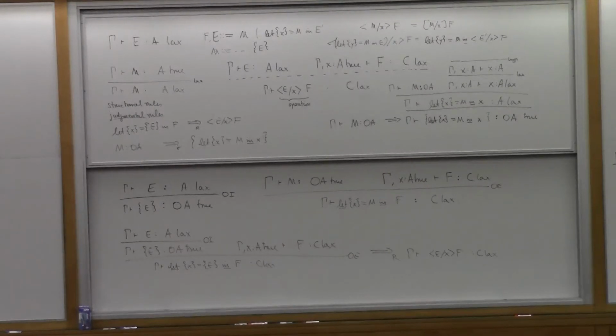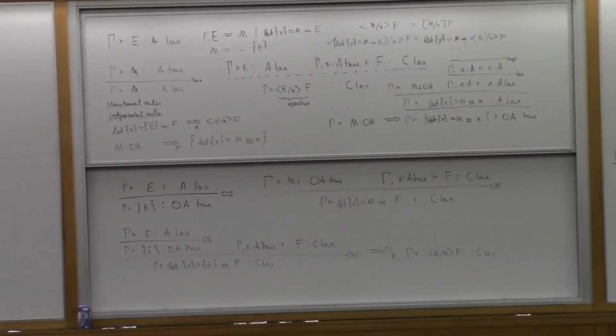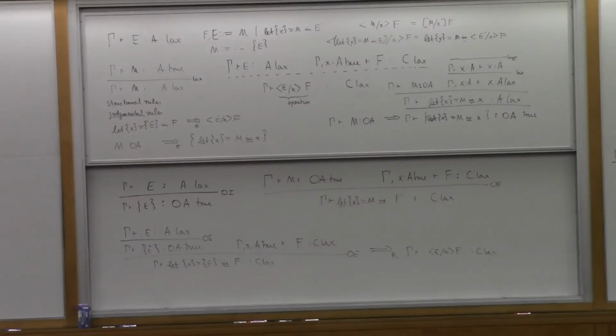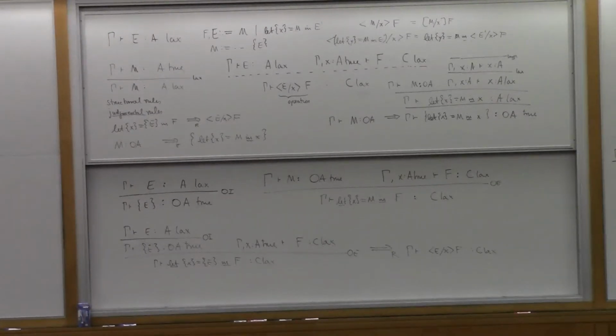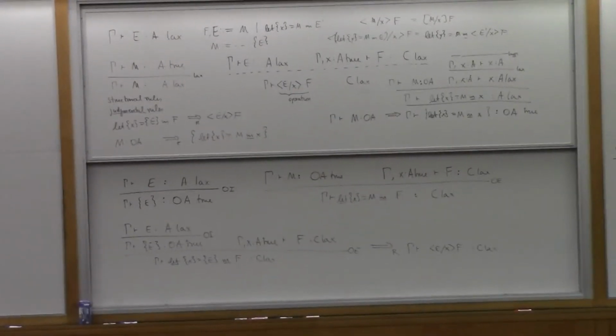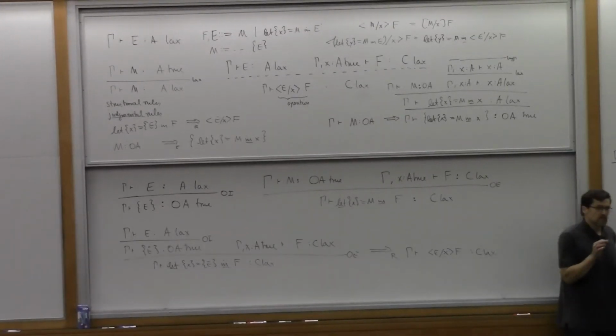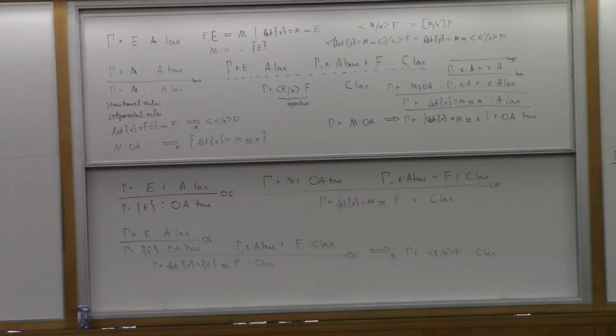Is there a reason why both lax as a judgment and circle A as a proposition? I'm not terribly familiar with this, but why do we do that? Okay, so you can try to define the monad directly without defining a new judgment, but you will find that the proof theory does not work out.